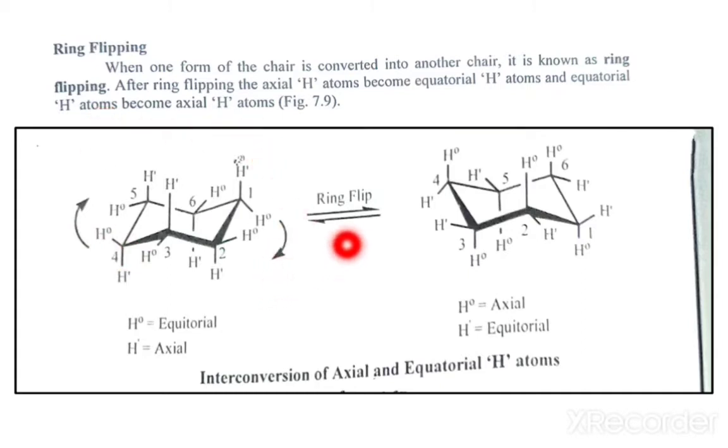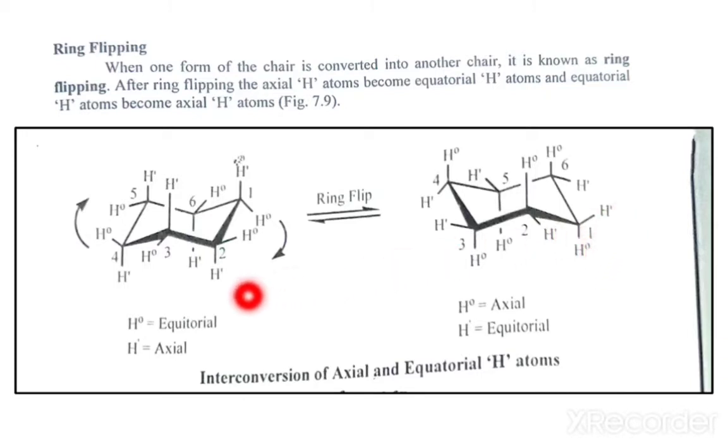Now this is the ring flipping, and after ring flipping, suppose we focus on number 2 carbon, or here number 1 carbon. Here the H dash is axial and the H zero is equatorial, and after ring flipping, the H zero is axial while the H dash is equatorial.